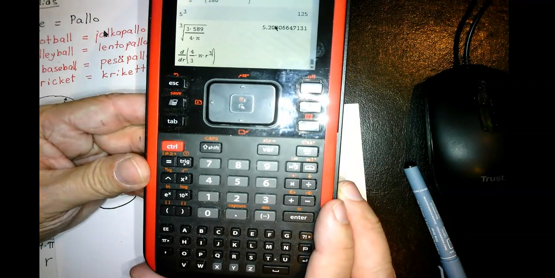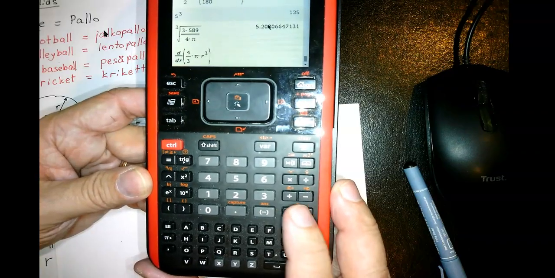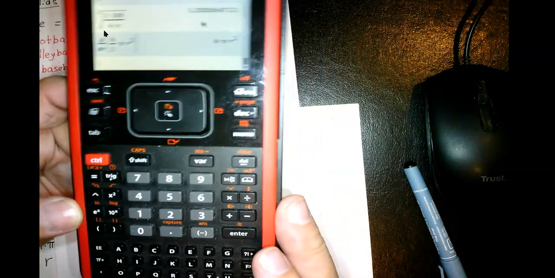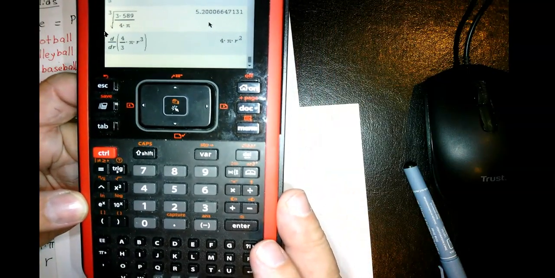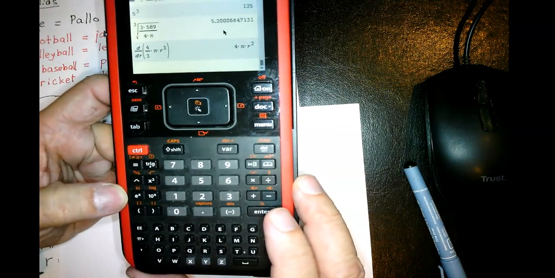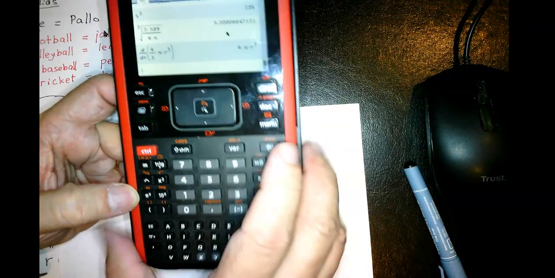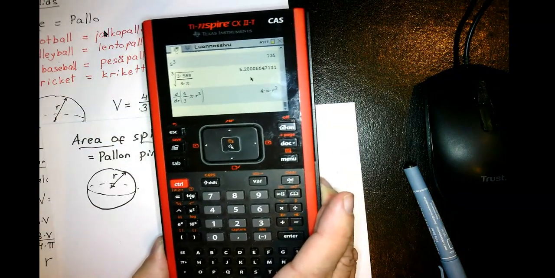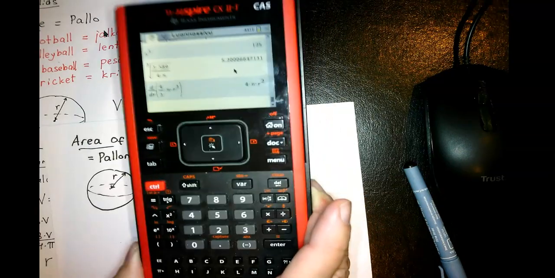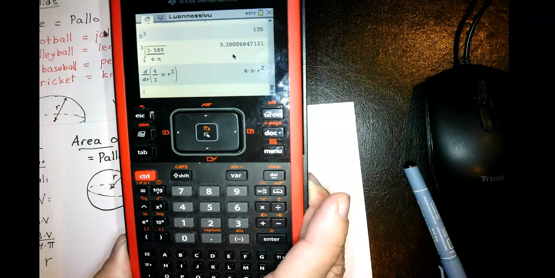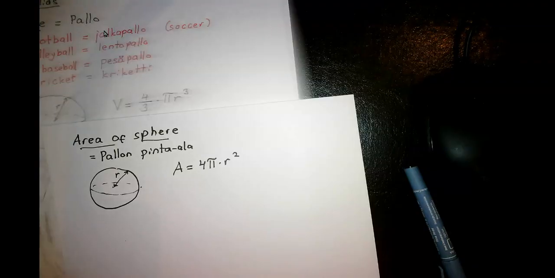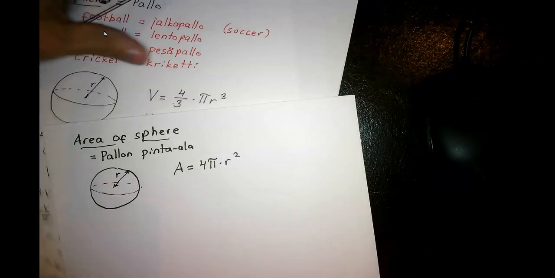So I will do differentiation here, and I press the enter button and I get the formula of the area of the sphere. This is one way to remember those formulas, or at least if you remember the formula for the volume, it is easy to derive the formula for the area with the help of this. But that is not important at this point of studies.